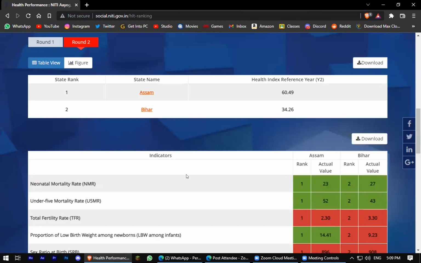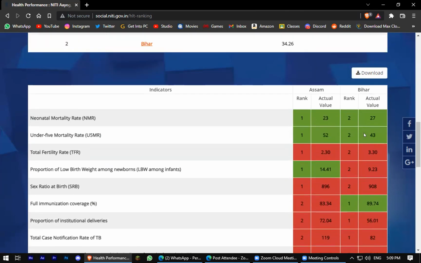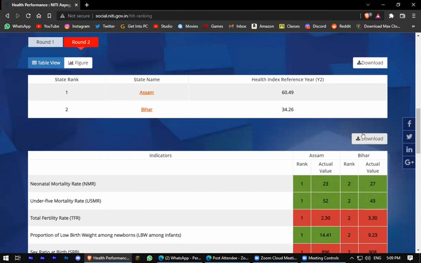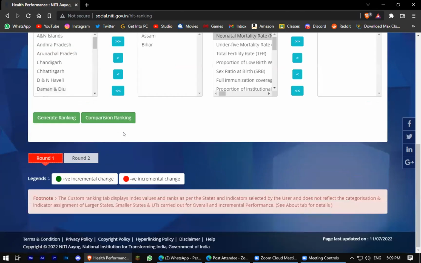This we got. Okay. If we take two states, Assam and Bihar, neonatal mortality rate it is 1. It is second. Under 5 mortality rate it is 1. It is second. Actual value 5243. This is in the year of, for round 1.